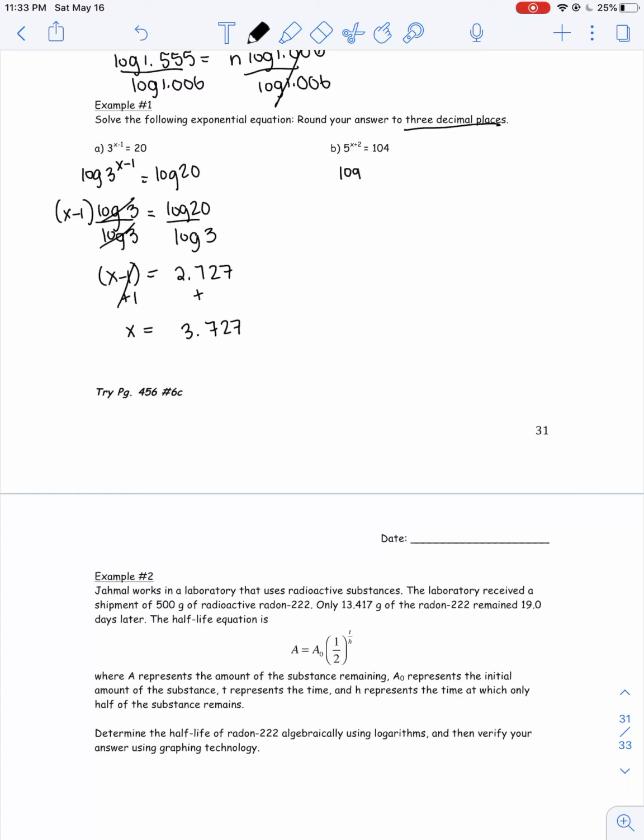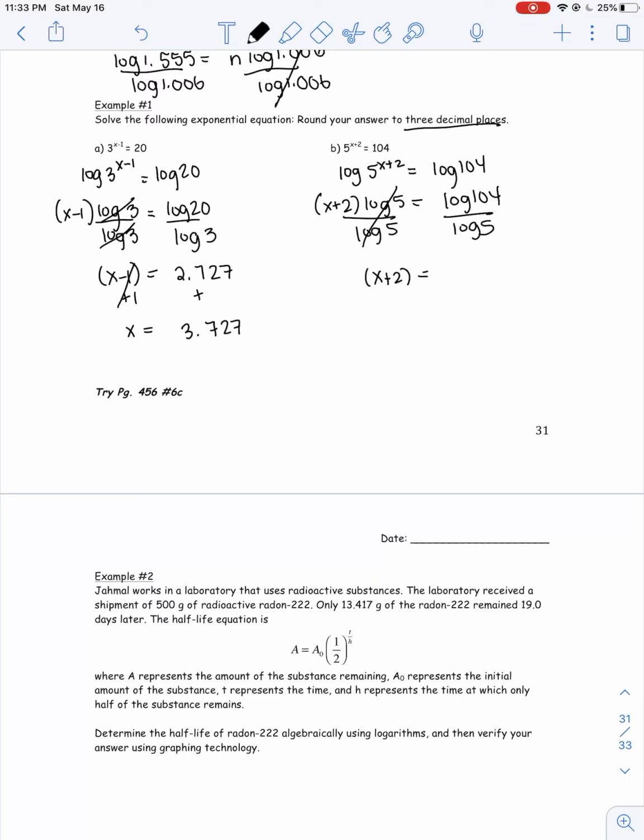Our next example, same idea, put a log on both sides. Then we're going to bring that x plus 2 in front as a coefficient. And then we're going to divide both sides by log 5.